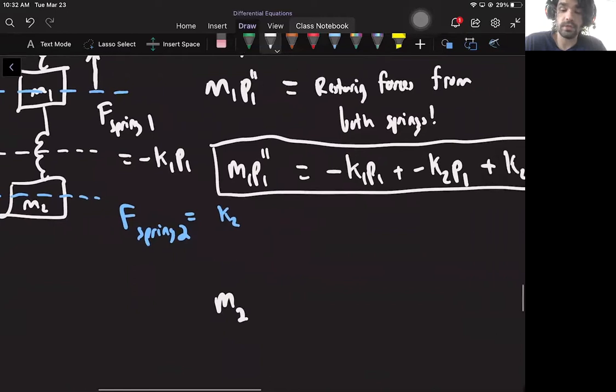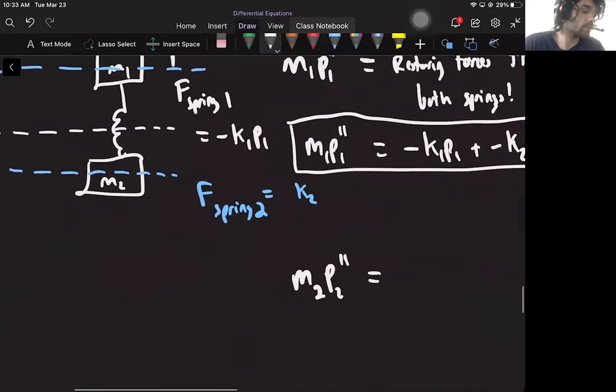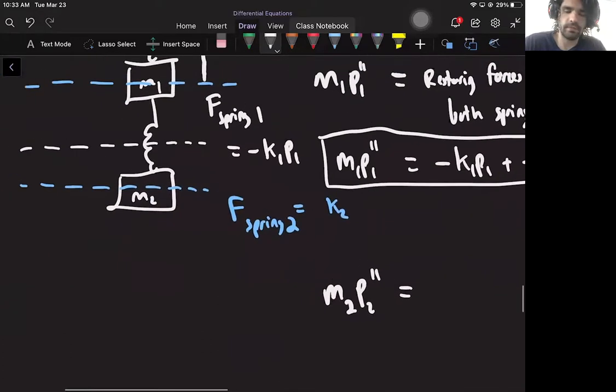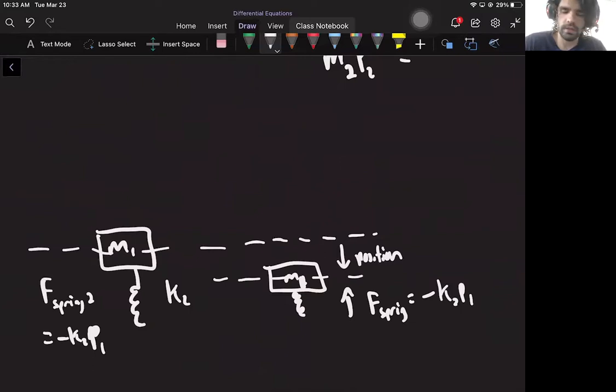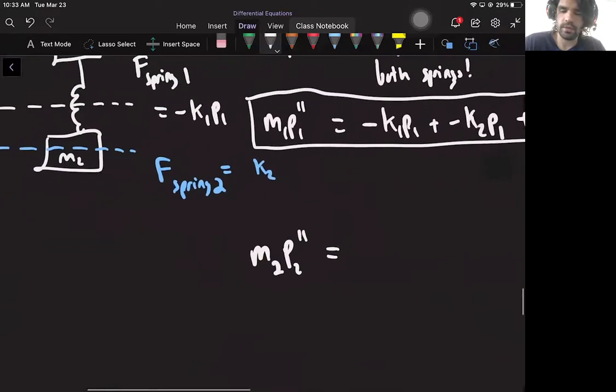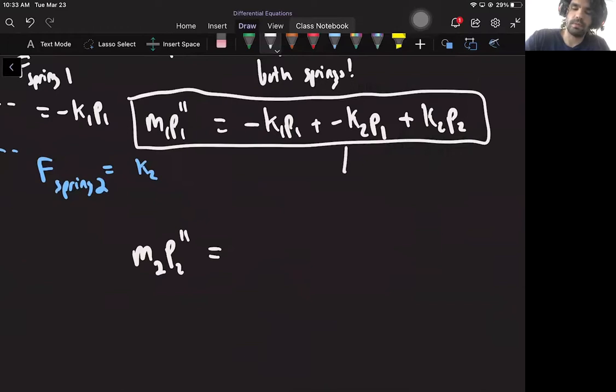Now the forces on spring 2 will add up to m times acceleration of spring 2. And again, we have restoring forces, but this one's a little bit less complicated. So what's going on is we just have the opposite of these two.